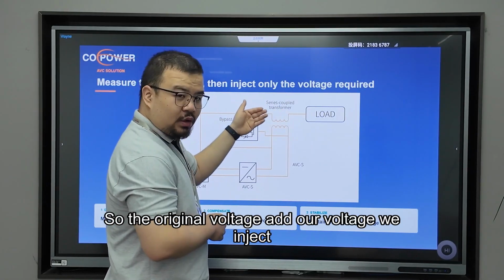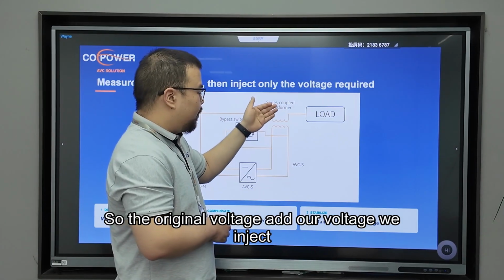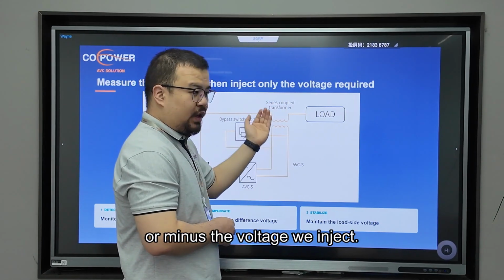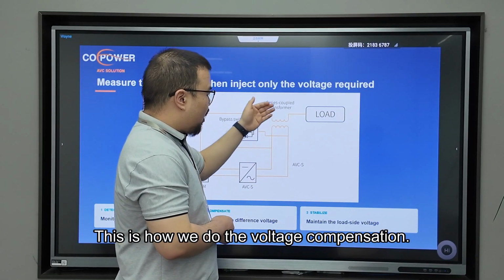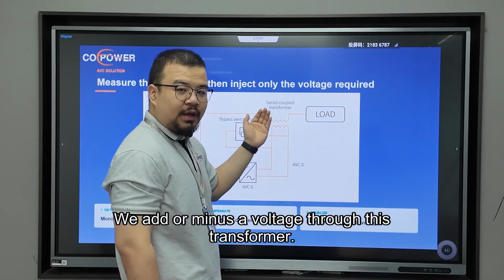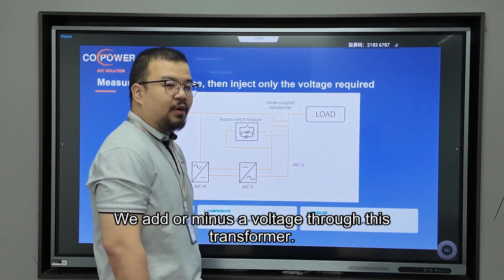So the original voltage plus or minus the voltage we inject, this is how we do the voltage compensation. We add or subtract a voltage through this transformer.